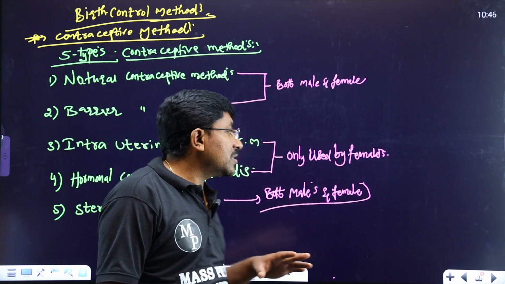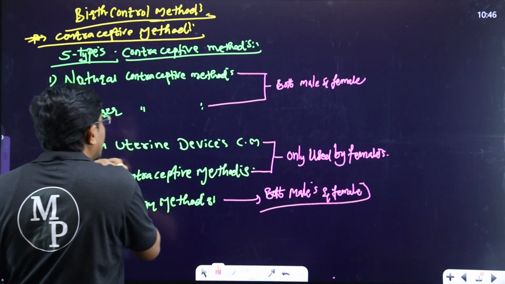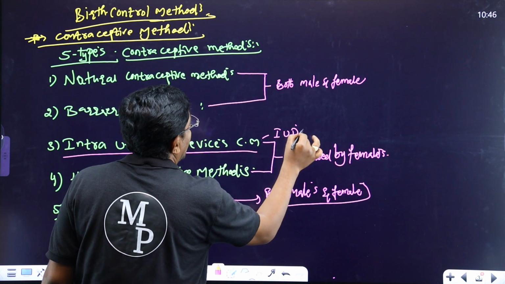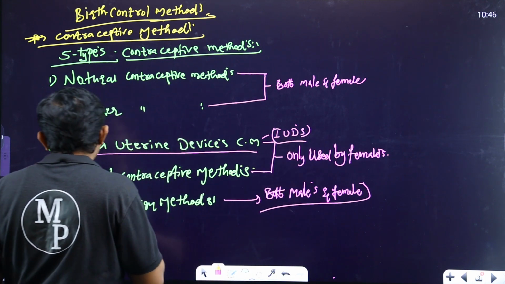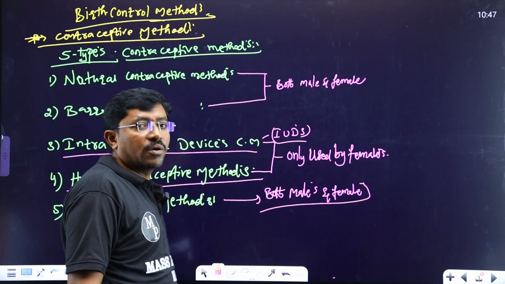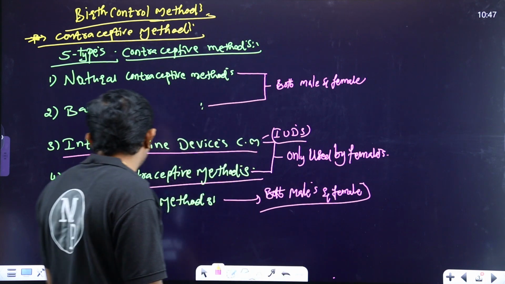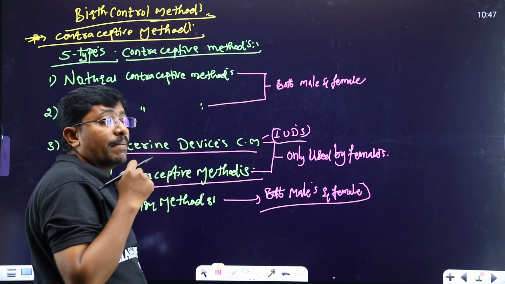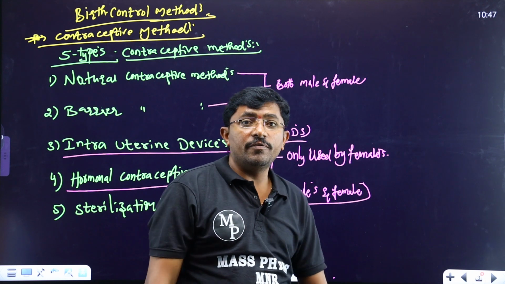Only females means intrauterine devices, commonly called IUDs, and hormonal contraceptive methods. The remaining three methods are used by both male and female.